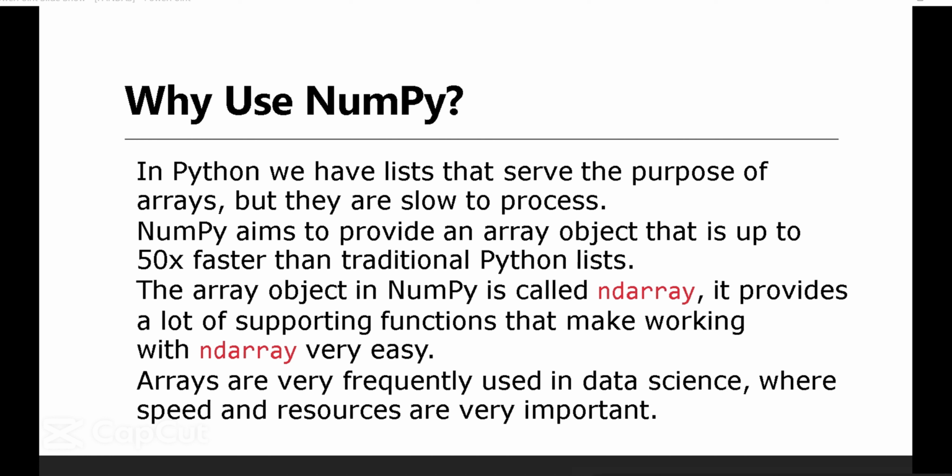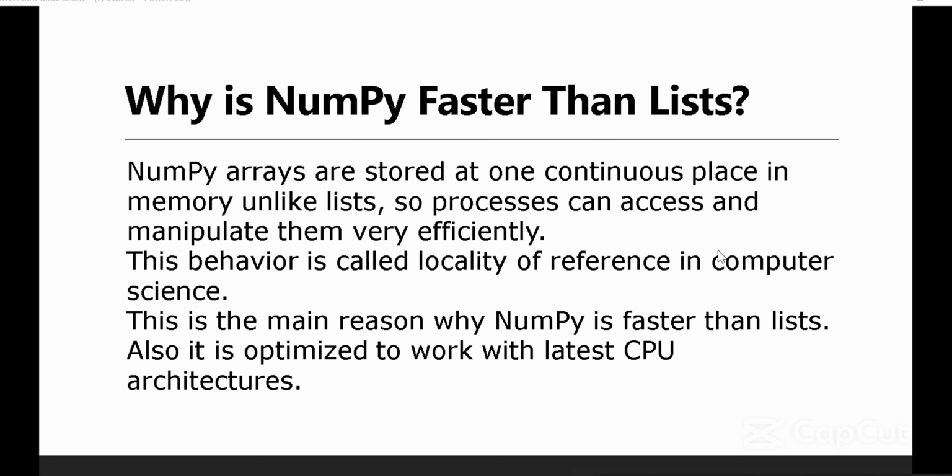It provides a lot of supporting functions that make working with arrays very easy. Arrays are very frequently used in data science, where speed and resources are very important. So this is the purpose why we use NumPy in computer science programming.